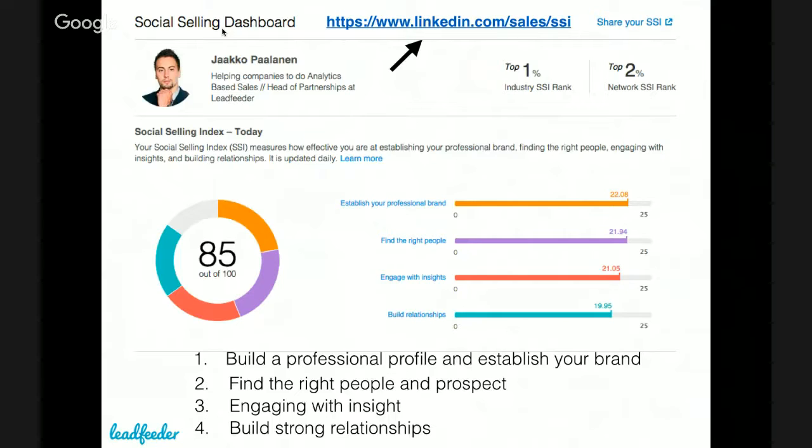Once you have built your own profile, found the right people, and engaged with good quality insight content, then it's time to lock down the relationship and keep it warm, basically. So this is what the social selling index is all about, and it's a good starting point for your social selling journey.